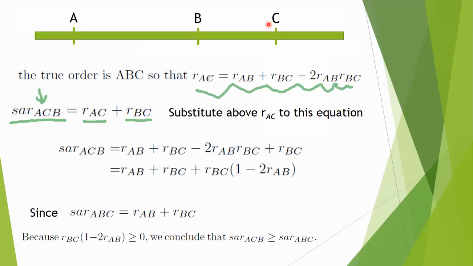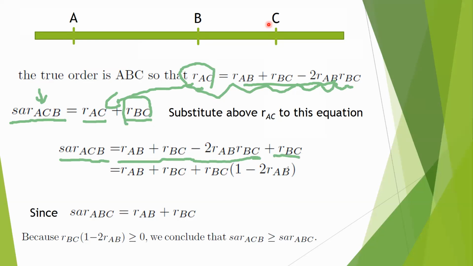In the real situation, RAC actually equals to this. So you just replace this by this. You get SAR ACB equals to this part plus this. And you can rewrite this equation a little bit like this.